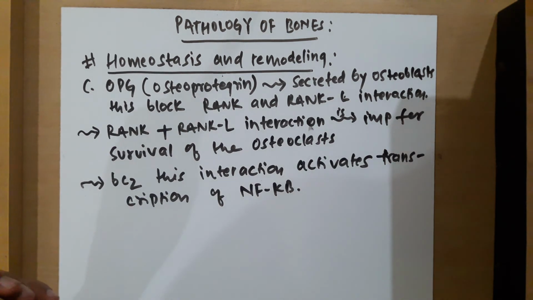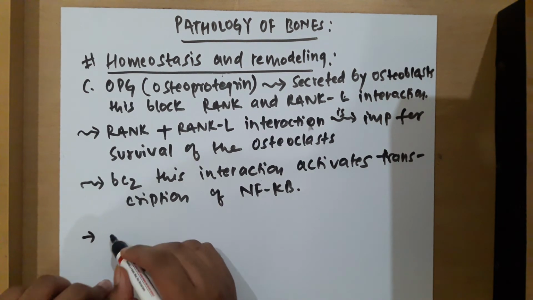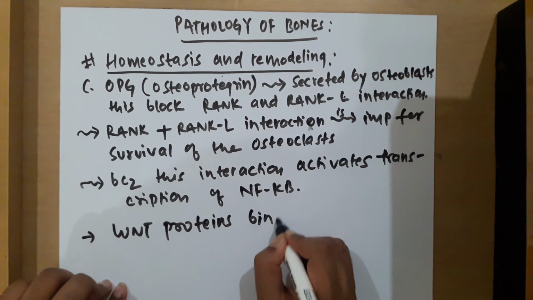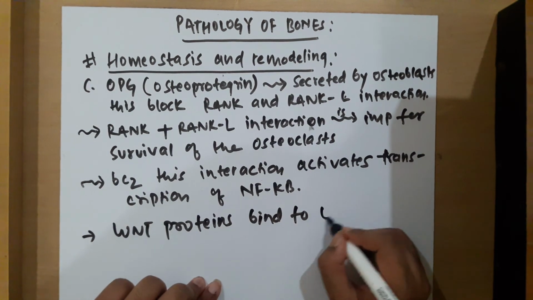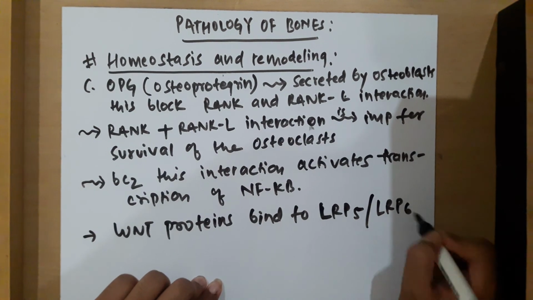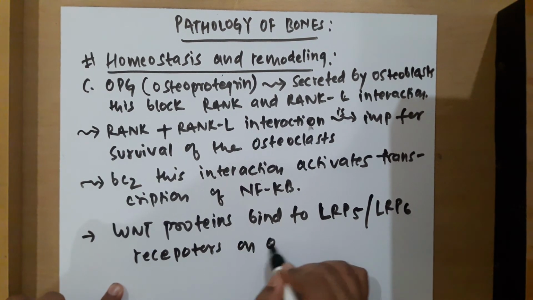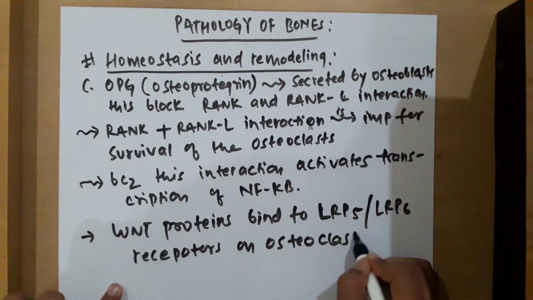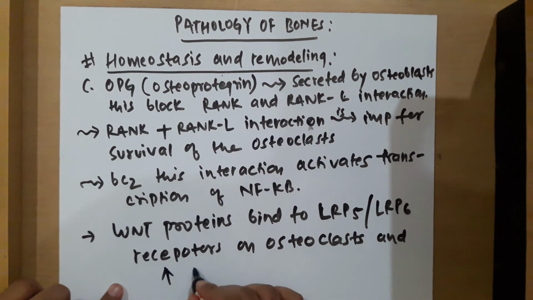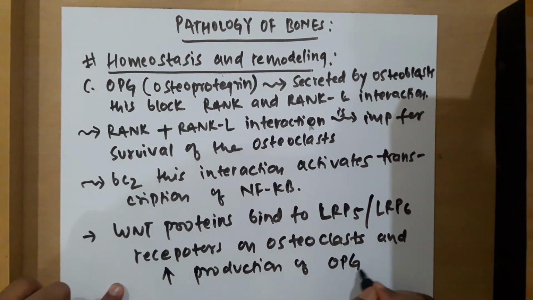So WNT proteins bind to LRP5 and LRP6 receptors on osteoblasts and increase production of osteoprotegerin.